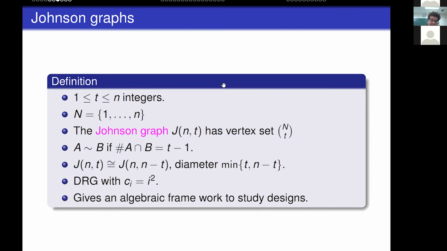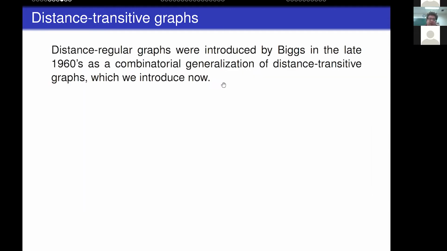And in a similar way as the Hamming graph gives a way to study codes, the Johnson graph gives an algebraic framework to study designs. So distance regular graphs were introduced by Biggs in the late 1960s as a combinatorial generalization of distance transitive graphs, which we will introduce now.